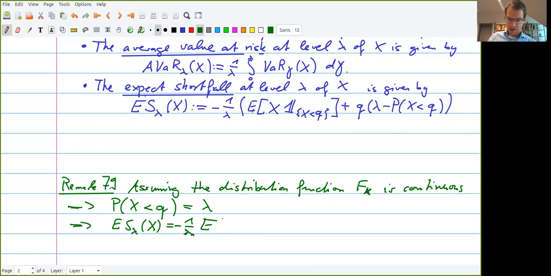And then the expected value of x conditioned on the event x being less than q. And now I have a minus. I give you my minus, and what is this?